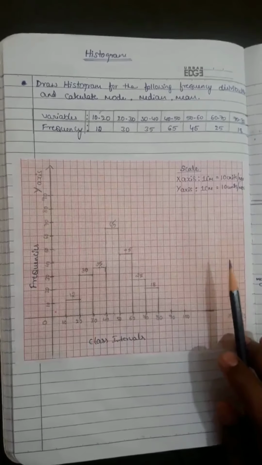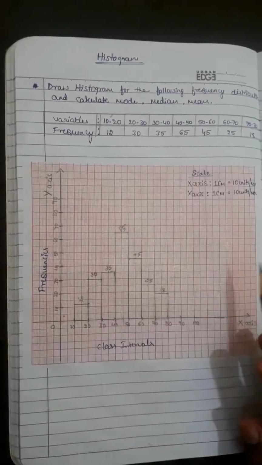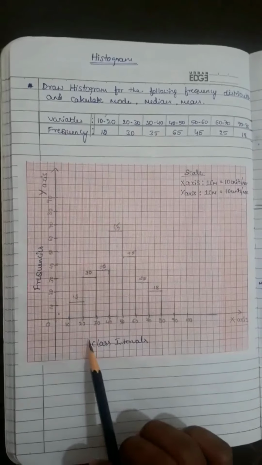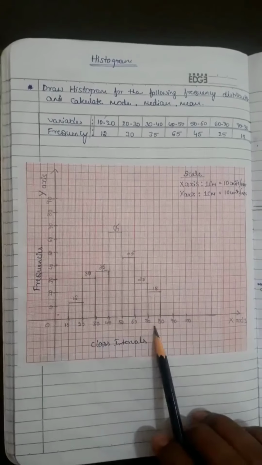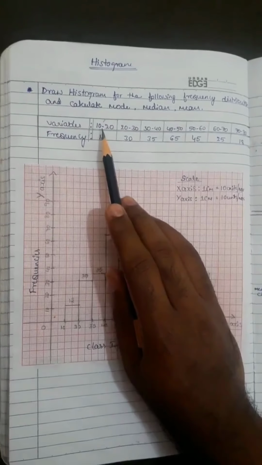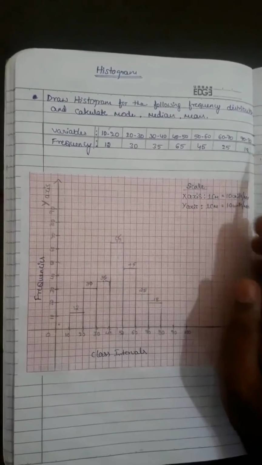It is like a bar graph. The histogram is nothing but a bar graph. How we will represent this data in bars. See, here I have written class intervals and frequencies. The class intervals start from 10 to 20 and end at 80.